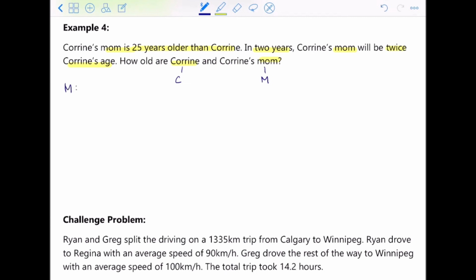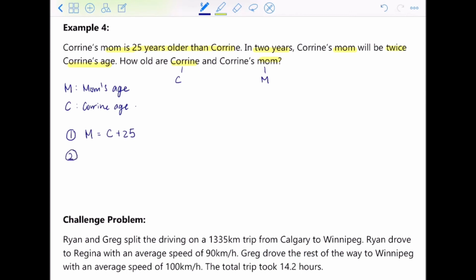So M is mom's age and C is Corinne's age. All right, so first equation could be formed by the first sentence here. So Corinne's mom is 25 years older than Corinne, so Corinne's mom's age is equal to Corinne plus 25.